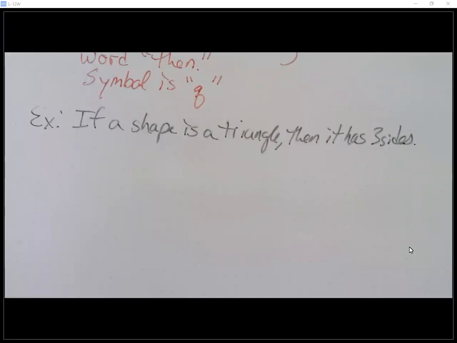Okay, if a shape is a triangle, then it has 3 sides. So that is a conditional statement. It is very nicely set up in the if-then form.